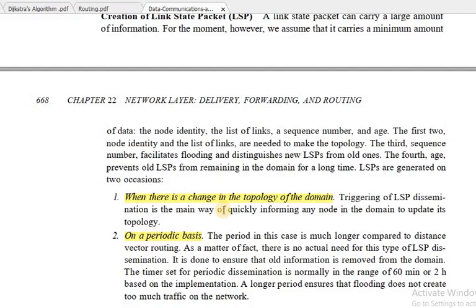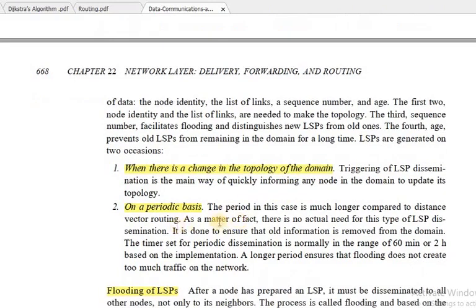The other is on a periodic basis. It may also happen that there is no change, but periodically you want to keep updating that yes, everything is fine.